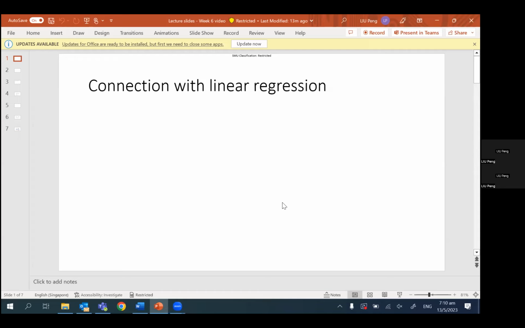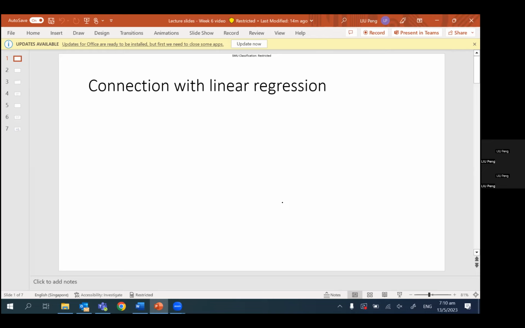When learning something new, it's good to think about the connection with the existing knowledge we have. In this case, we learned about linear regression. So let's just write one.